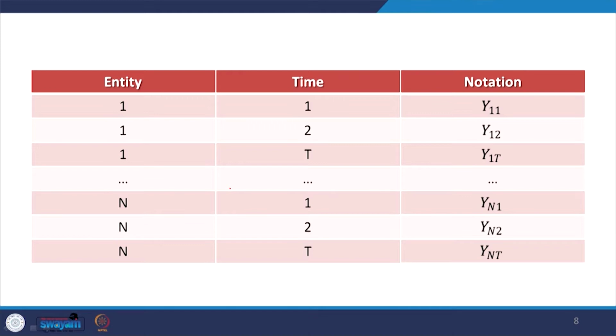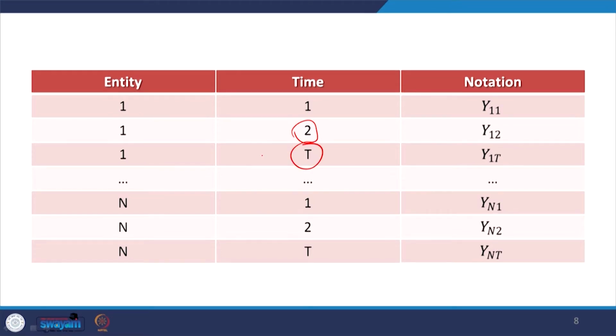Now, we are presenting here a lucid picture of panel, where entities or n we want to mention in our first column. Suppose the first individual may be a firm, or maybe a country. If the data is presented here, we mention time, first period, then second period, till tth period. Okay.